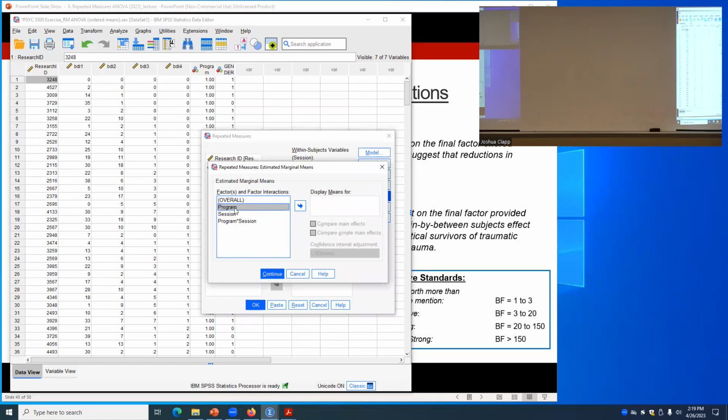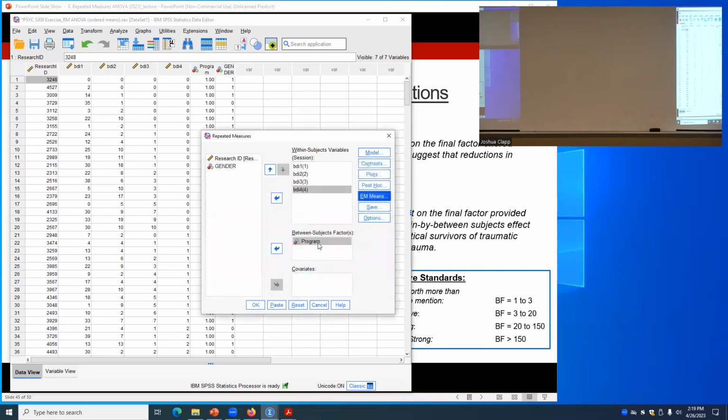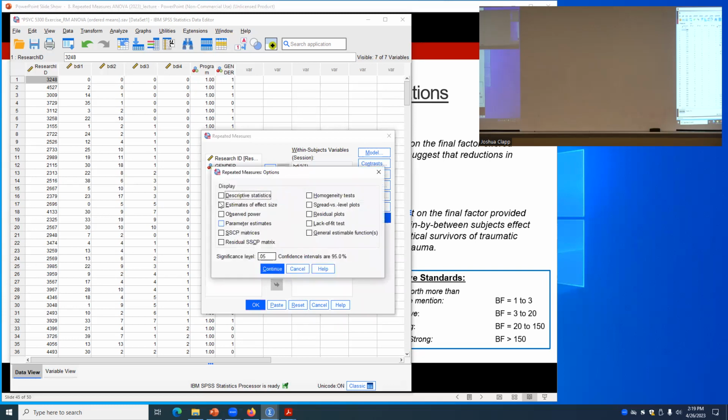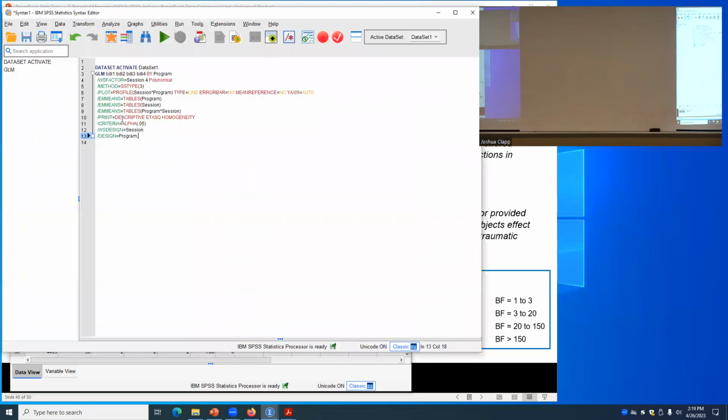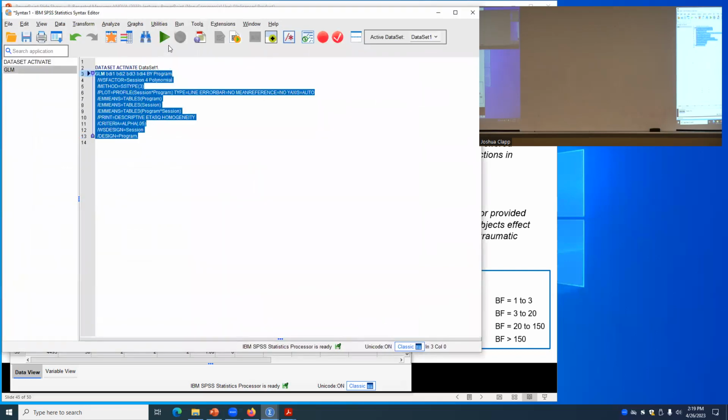Marginal means, if I want to take a look at those, we're going to be playing with our observed means, but we'll continue there. And then options are descriptives, effect sizes, homogeneity of variance stuff.